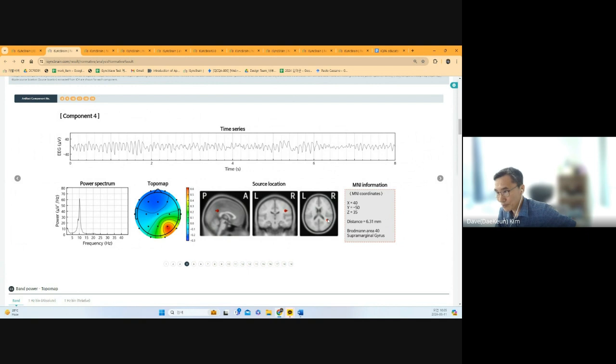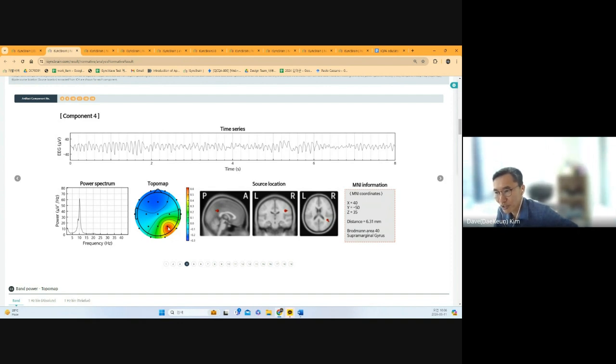It's coming from the supramarginal gyrus, and you can see the red dot is the origin of the dipole, and the small line is showing the direction of the dipole. The supramarginal gyrus on the left is associated with language processing or math processing, and the right is emotional processing.